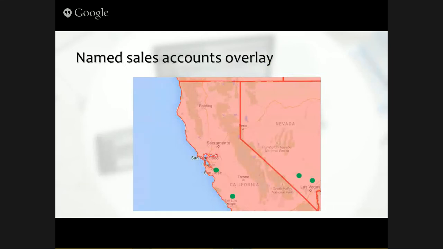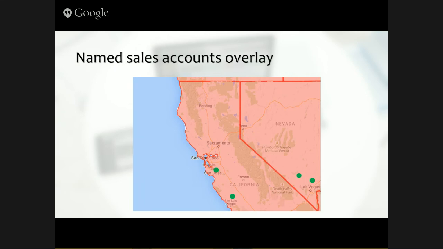So here we've got an illustration, for example, of two sales territories, or two sales teams. We've got maybe a California team and a Nevada team, but we've got four major accounts that actually straddle both those sales teams.